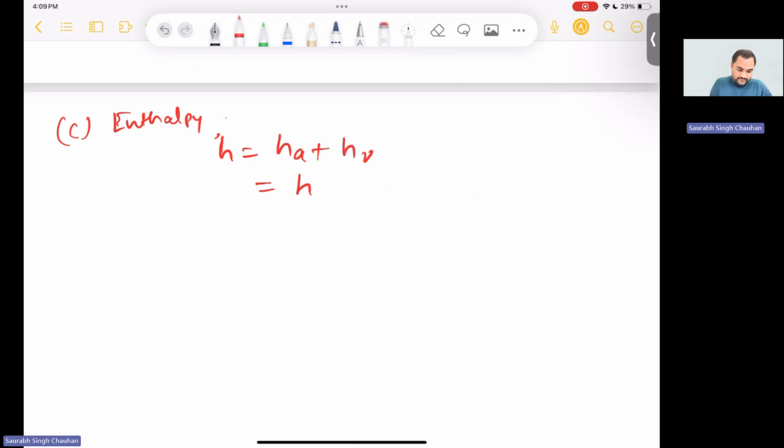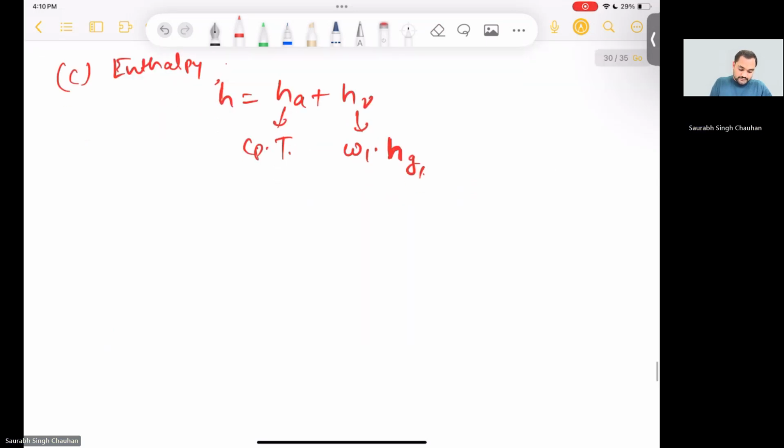The enthalpy of dry air can be calculated from Cp into T, and the vapor part can be calculated from omega 1 into the specific enthalpy of saturated vapor at the given temperature. So this is how you calculate the values.